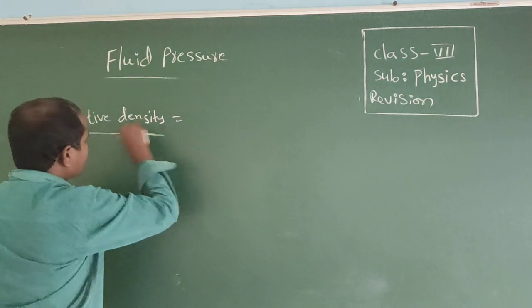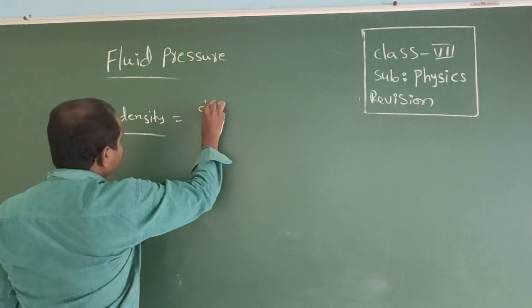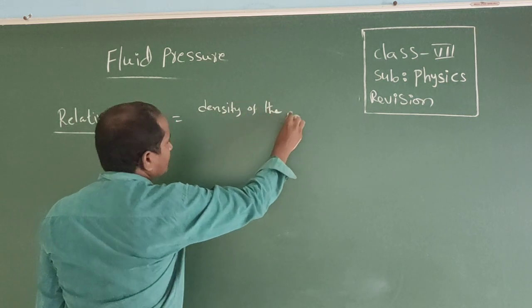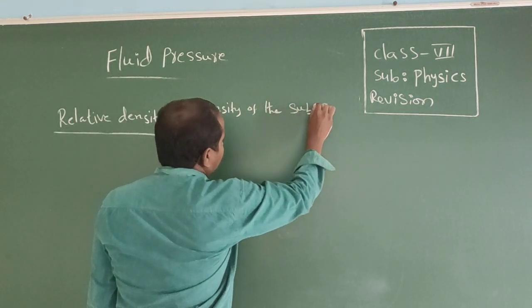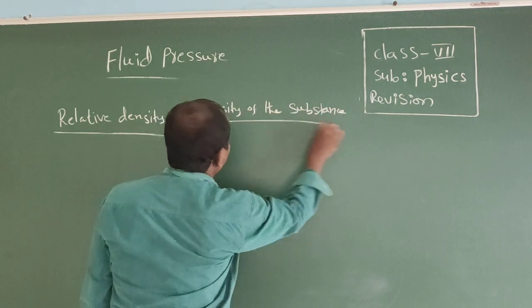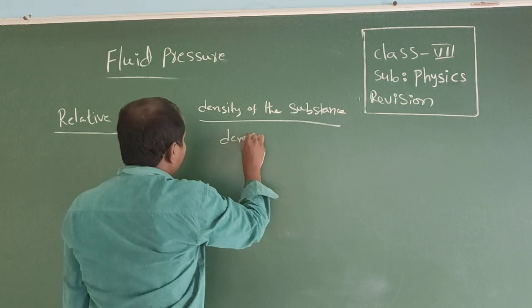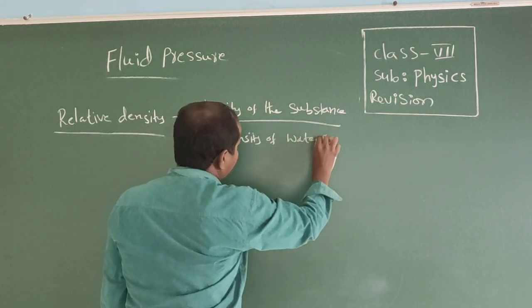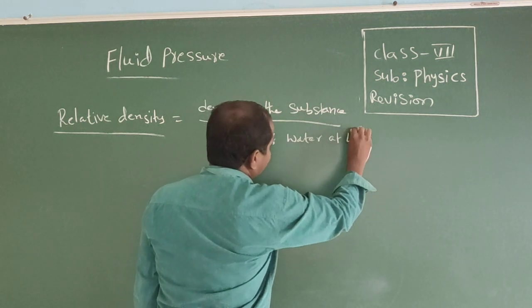Relative density means density of the substance by density of the water at 4 degrees Celsius.